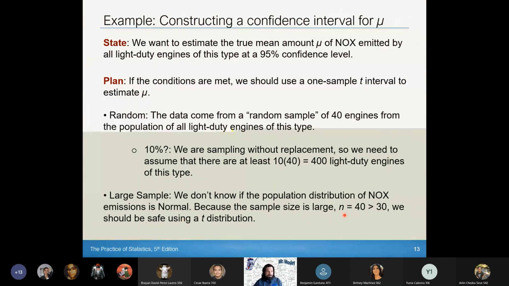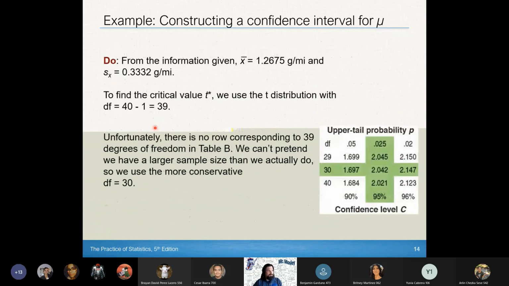Because the sample size is large, n equals 40 is greater than 30, we should be safe using a t distribution. So we have now checked our conditions. We're clear to move forward and do some calculations. From the information given, x bar equals 1.2675 grams per mile, and S sub x equals 0.3332 grams per mile, or the standard deviation of the sample.